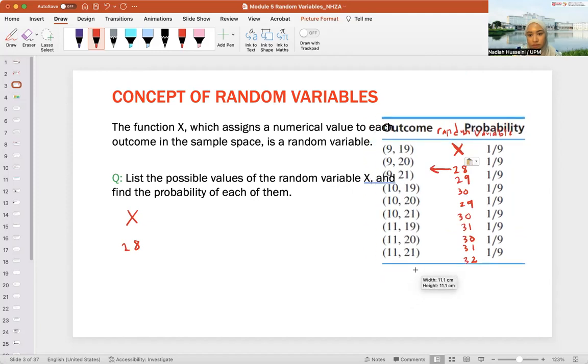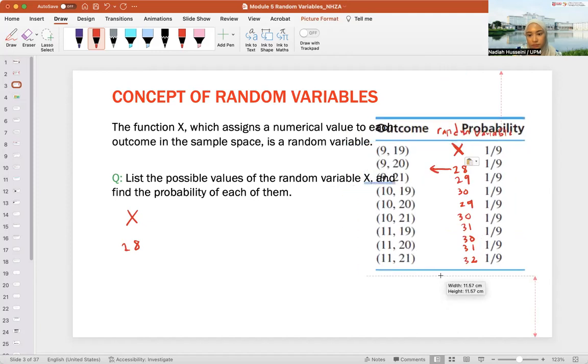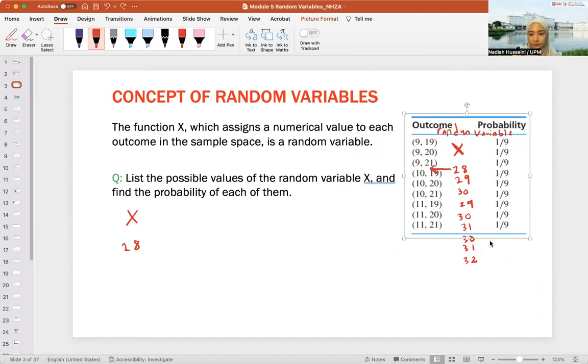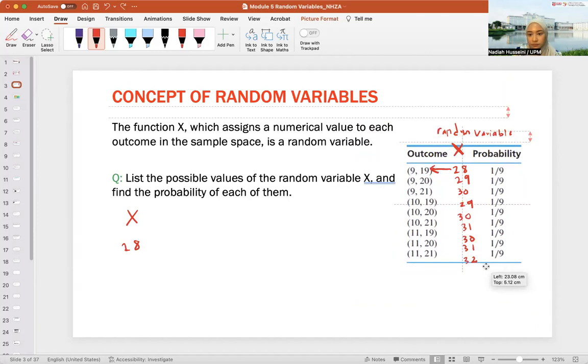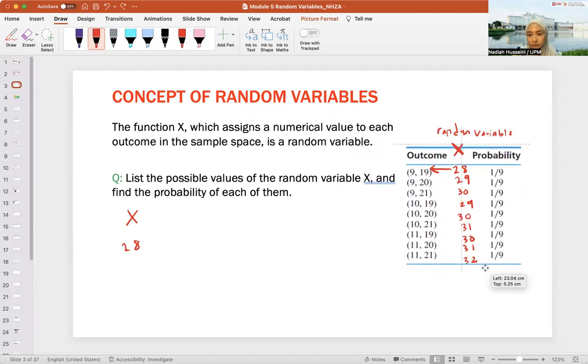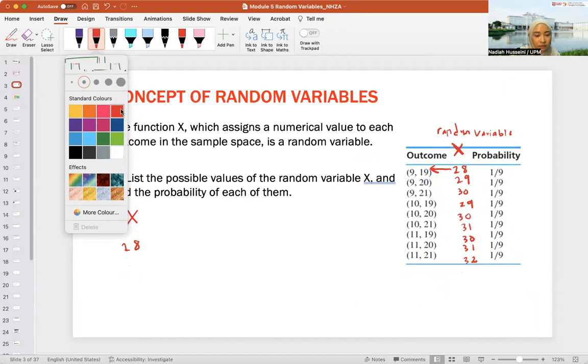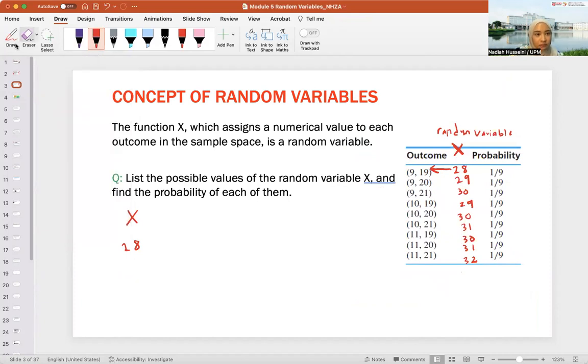Okay, better. So this is our random variable. The possible values for X are 29, 30, 31, and 32. Now they're asking us, okay, these are the possible values. We answered this first part of the question.